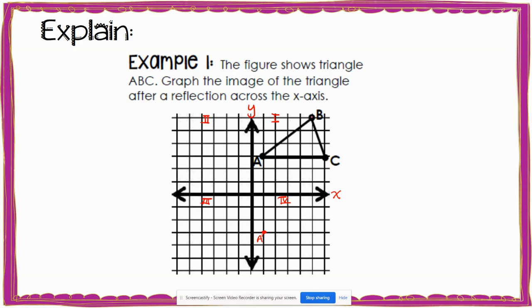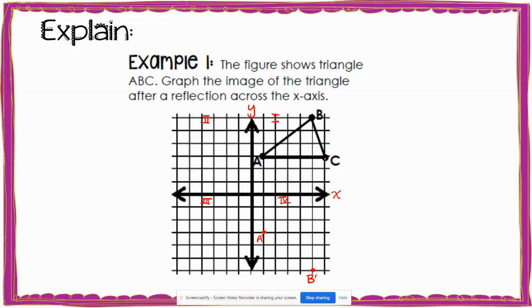Now I'm going to do the same thing with B. So everybody put your pencil on point B. To get to the x-axis, I would move down 1, 2, 3, 4, 5, 6, which means that to reflect it, I need to move down 6 more. So down 1, 2, 3, 4, 5, 6. So now I have found B prime.